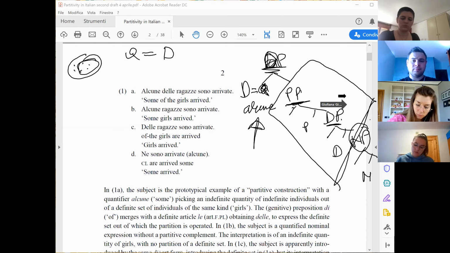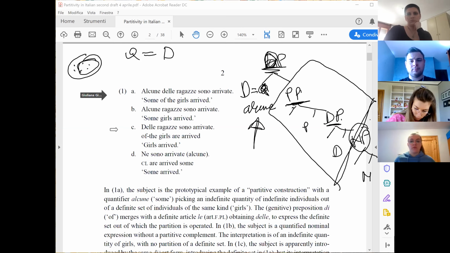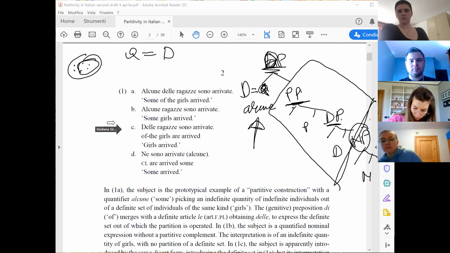mangiare di questa carne or fare di queste cose, which is still possible in Italian, is the missing link between this construction, which I call the partitive construction, and this, which is maybe not even a construction, which is a nominal expression.